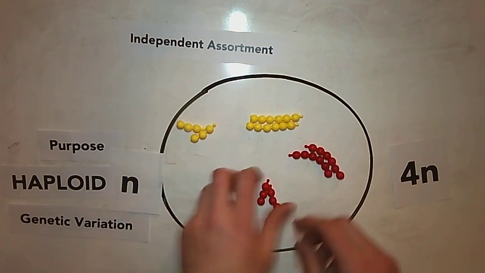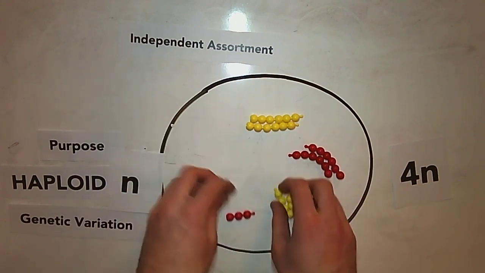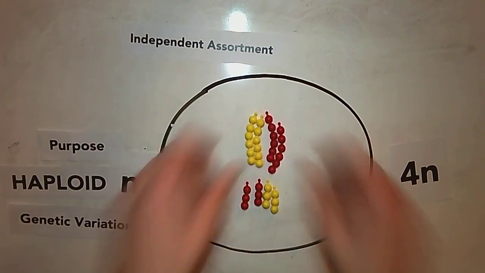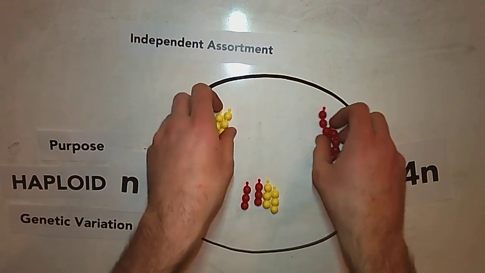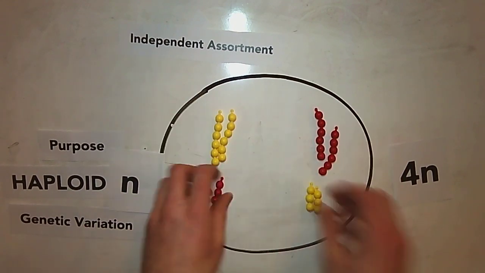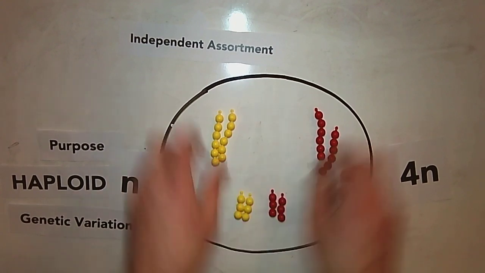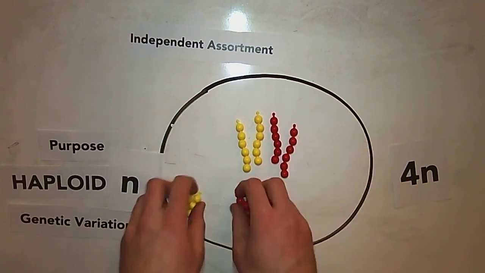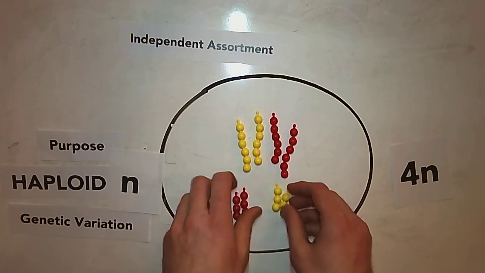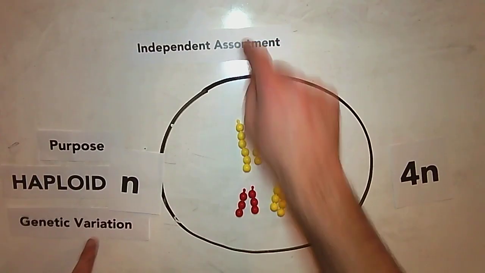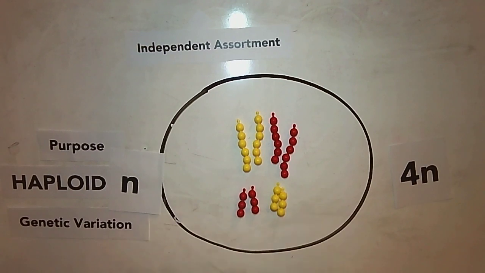They could have easily lined up like this. Right? And then when that happens, when they split, you're going to have different combinations each time these chromosomes line up. Right? So in this case, I'm just going to have them line up like this.